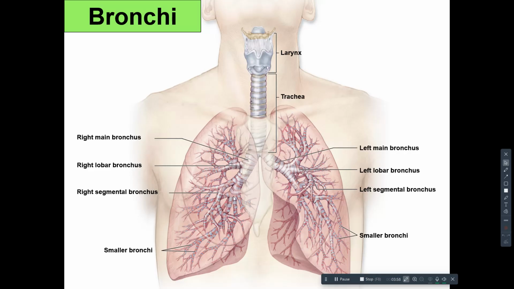Now, lobar bronchi split to give me segmental bronchi. Then segmental bronchi split more and more, giving me smaller and smaller bronchi.